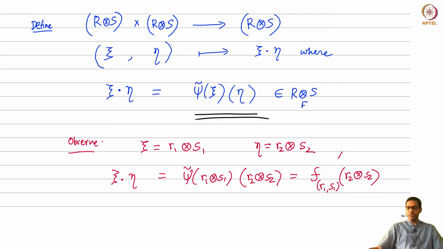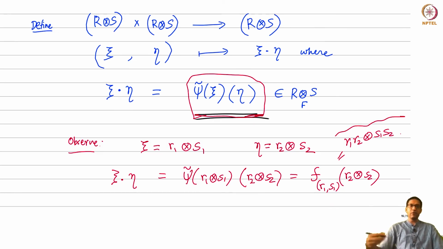That by definition is exactly R1 R2 tensor S1 S2. Okay, so what it says is this is the correct definition. This is the formal way to define it so that it's well defined and so on. But on the decomposable tensors, it behaves the way we want it to behave, right? That's why we defined the map like that in the first place. Okay, good. So this is the amount of work it took just to define the multiplication.